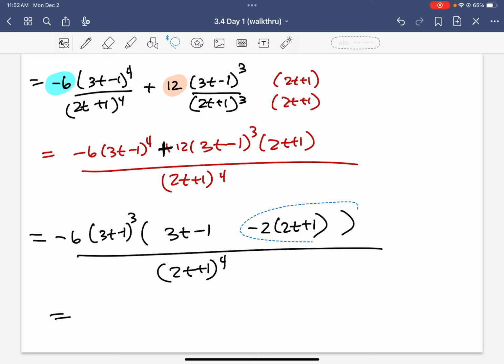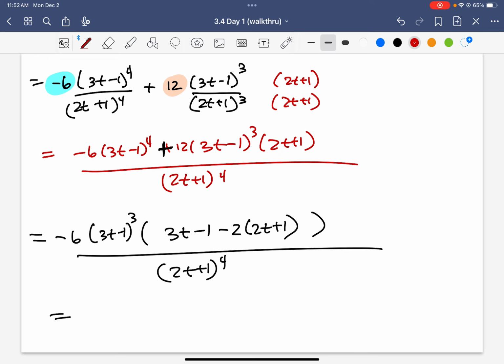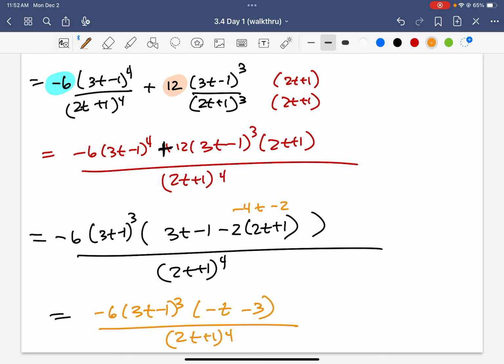So I think that's trying to tell you that all this stuff right here is going to be -4t - 2. So it's going to end up being this with some of this. Then on top here, you're going to have -t - 3 all over (2t + 1)^4.